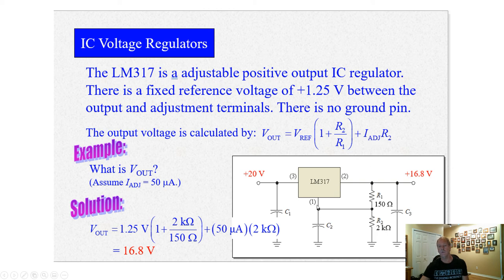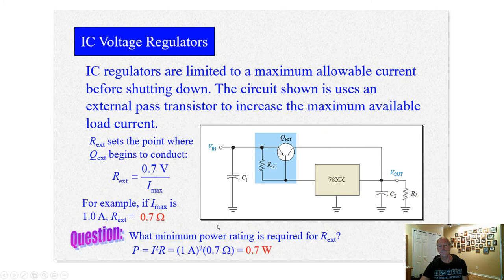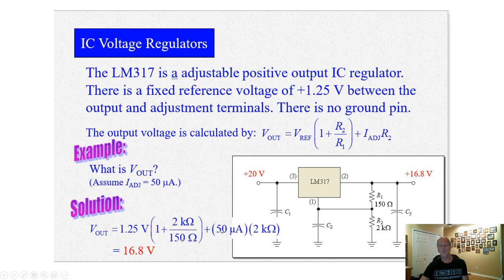This is an adjustment voltage that comes in here. Usually we ignore this, 50 microamps times 2K. It doesn't really amount to much. So anyway, you've got 1.25 times 1 plus 2K over 150, and end up with 16.8 volts on the output.